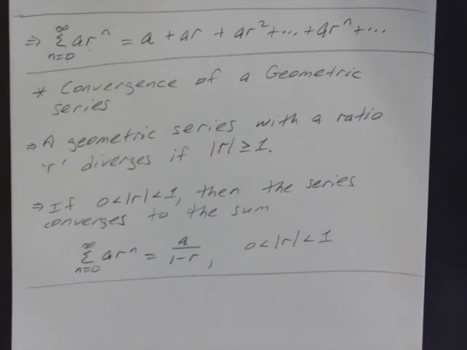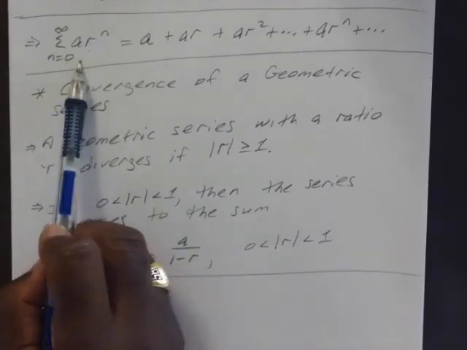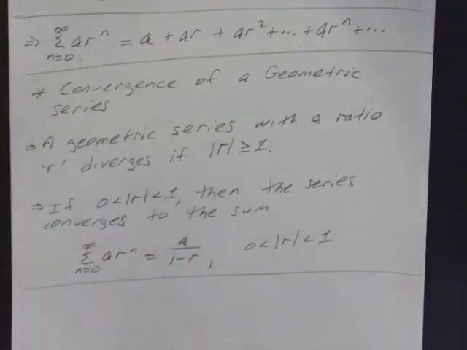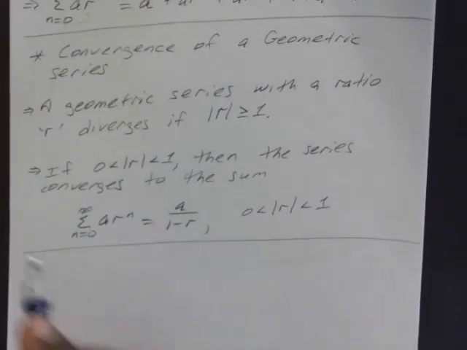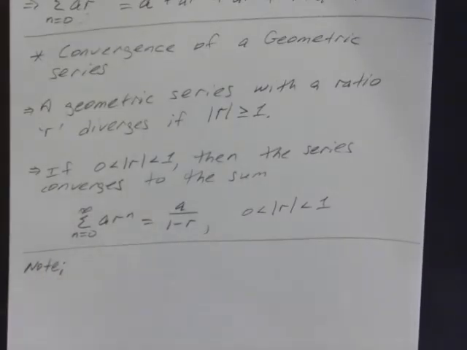Okay. Now, sometimes you can have a series that looks different from this one and still be a geometric series. Just because it doesn't start at 0 doesn't mean it's not a geometric series.